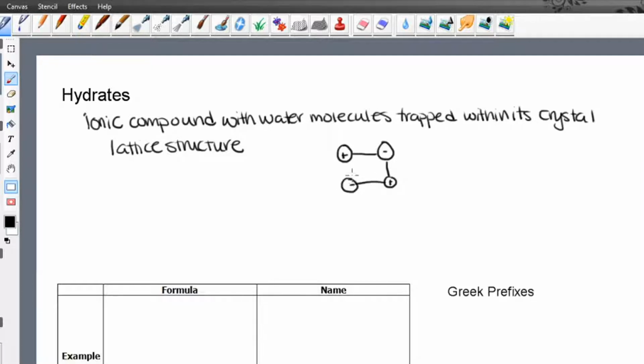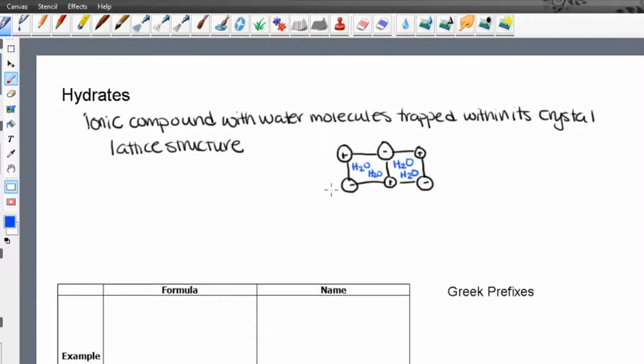So here's our crystal lattice structure. You can see that there are some spaces between these ions where water molecules can get trapped inside. I'll go ahead and draw in a couple waters. Now these water molecules are not bonded to these ions. They are just in the same vicinity.